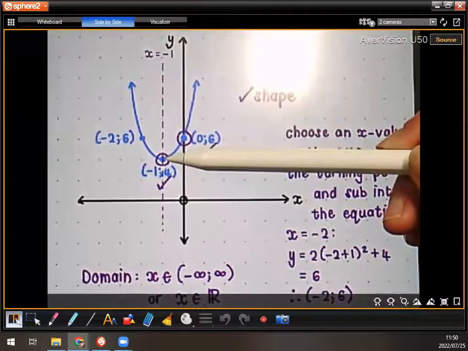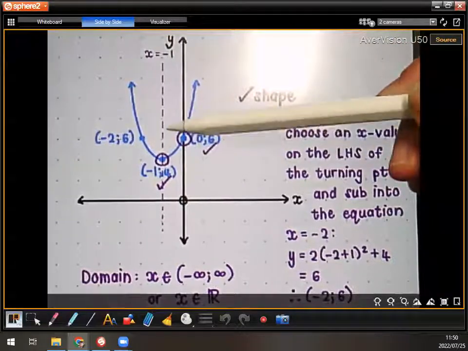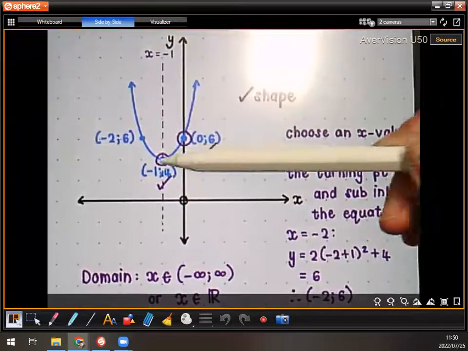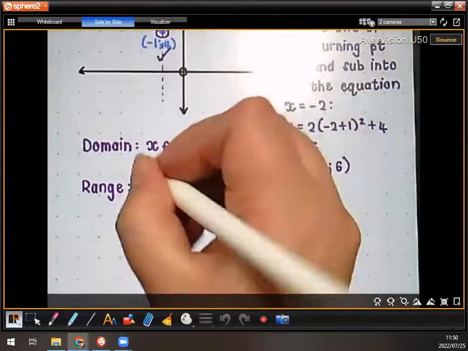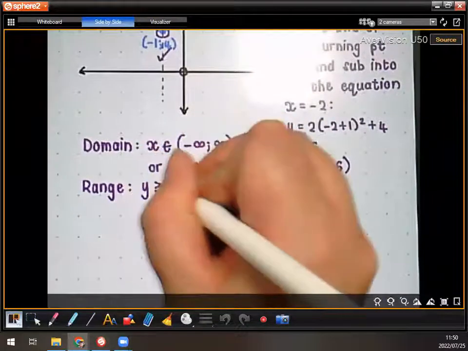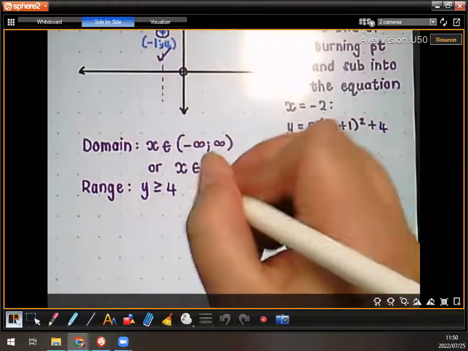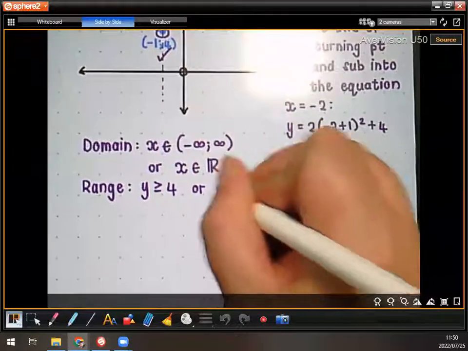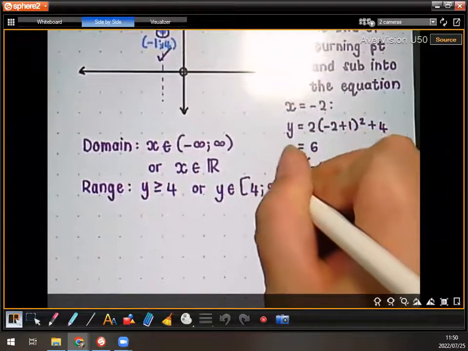So y has to be all values greater than or equal to, what is the y value of this point here? 4. Okay, so you're going to have to say y must be greater than or equal to 4. Or you can write it like this, y is an element of 4 to infinity.